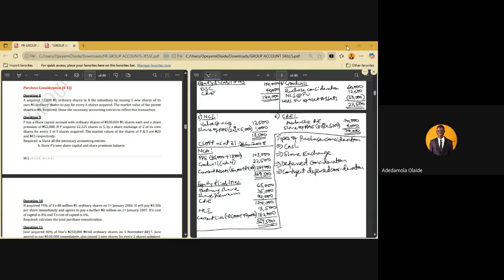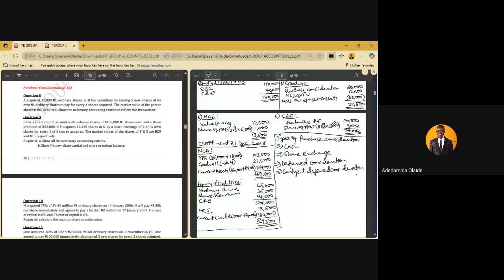Okay, so cash consideration is just where the parent company is paying immediately, or paying cash, for the acquisition of the subsidiary. When we say they are acquiring the subsidiary, it means they are buying the subsidiary, and what you are buying is the equity shares.